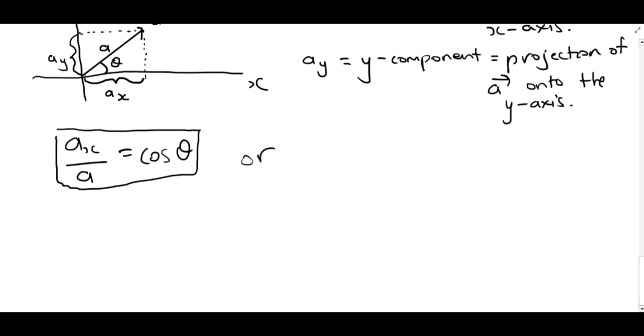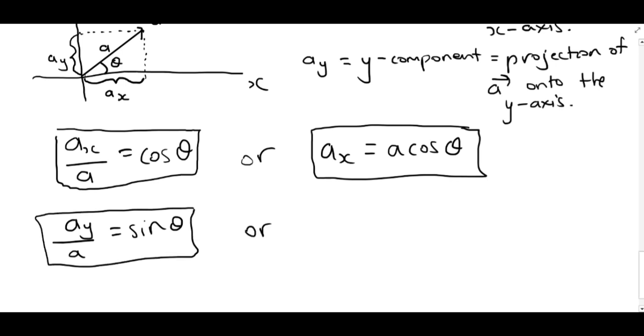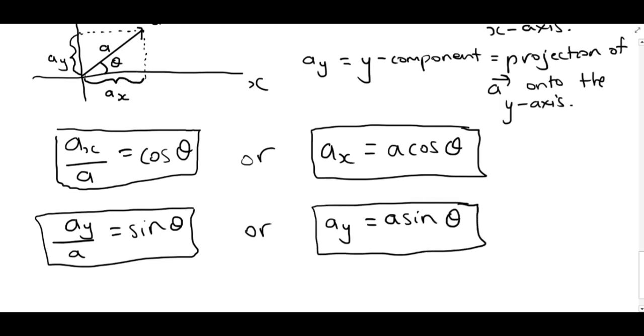Or we can rearrange this to get AX is equal to A cos theta. Using sine is equal to opposite over hypotenuse, we have AY over A is equal to sine theta. Or this can be rearranged to get AY is equal to A sine theta. So AX and AY, that is what we call the components of the vector A.